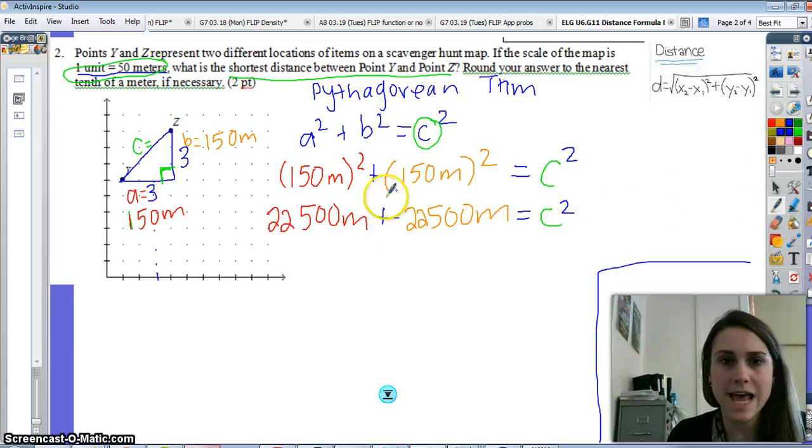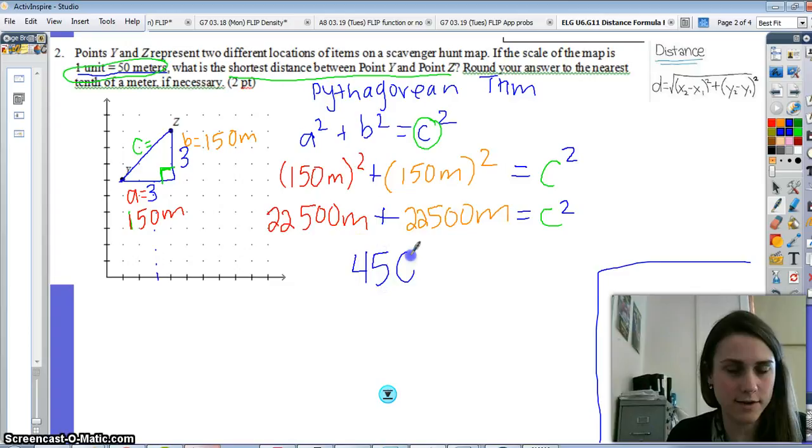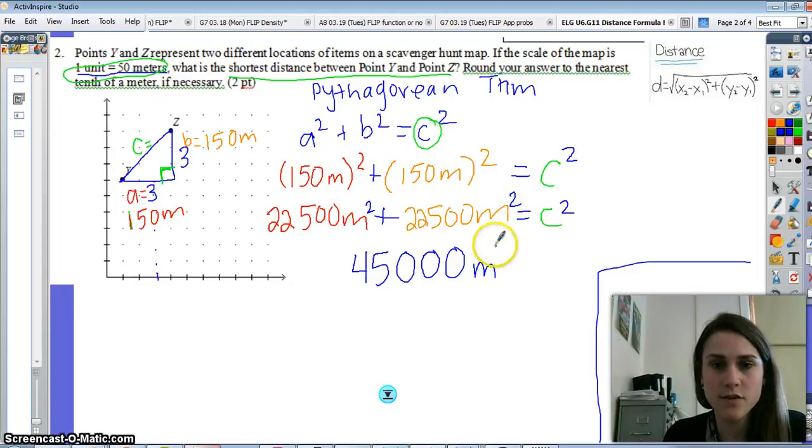Okay? I'm going to add these two figures. So 22,500 plus 22,500 equals, ooh, big number, 45,000 meters. Ooh, this is meters squared since I squared my units there also. 45,000 meters squared equals c squared.